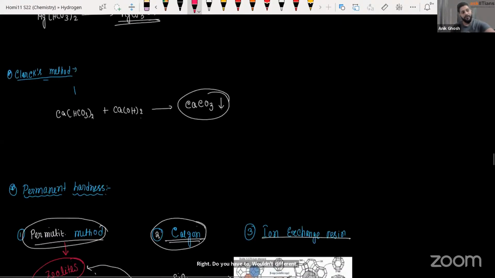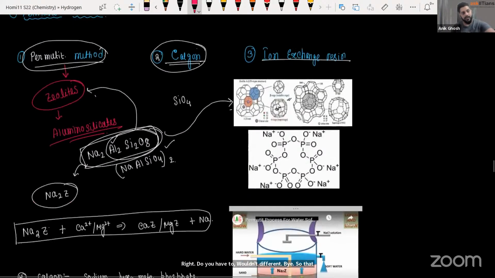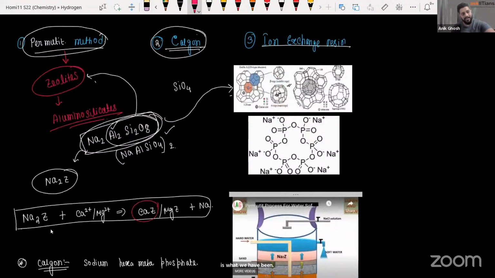So here the zeolites take out the calcium and magnesium, and as a result, the water that is there is only soft water. No, beta, we're not adding calcium to hard water. Calcium is already there in the hard water. That's why it is hard. When calcium and magnesium is there in the water, that's when we call it hard water. Right? Our target is to remove the calcium and magnesium salts.